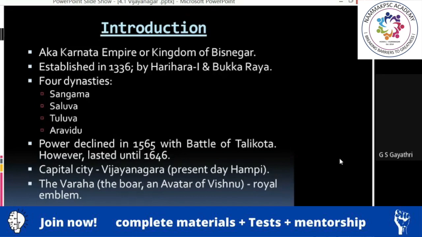We have seen Varaha as one of the mostly used royal emblems by at least 3 kingdoms so far, right? Why I say this is because we are mostly influenced by a Vaishnavite sect, even today. The temples are largely influenced on that end. Gangas had elephant as their royal emblem.